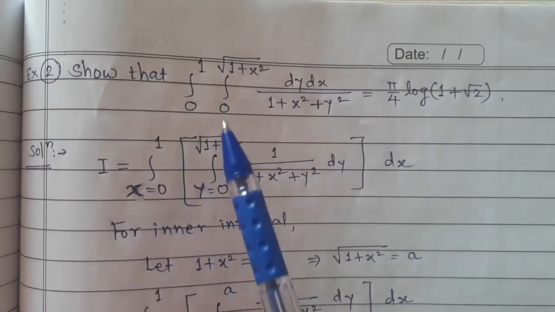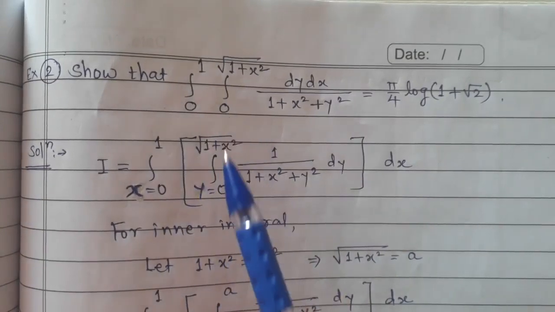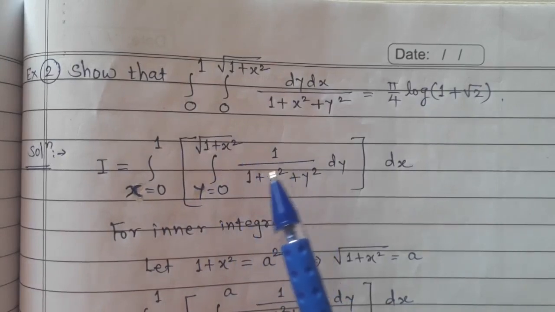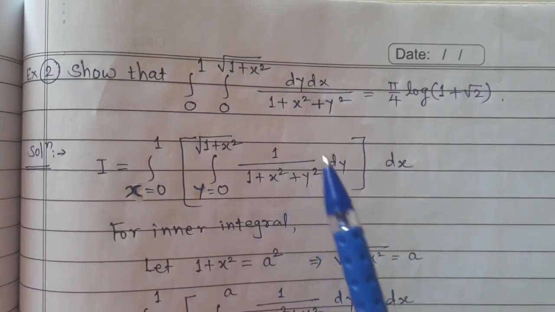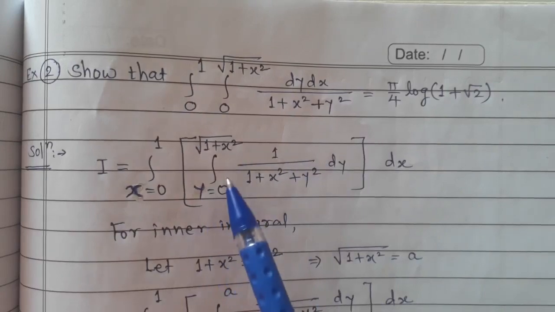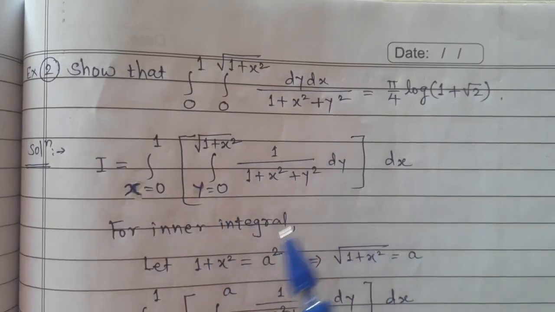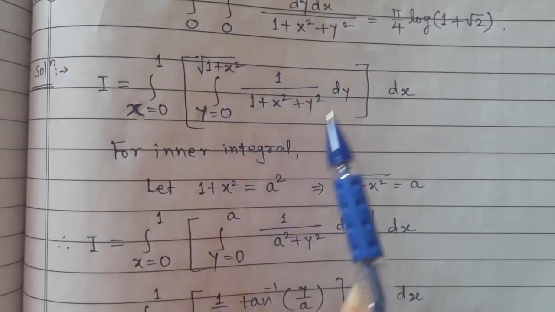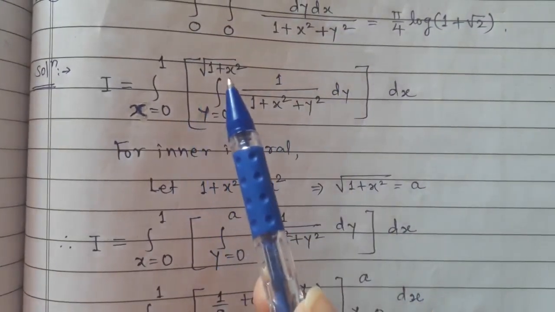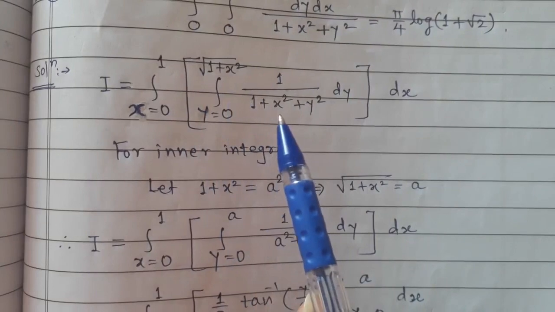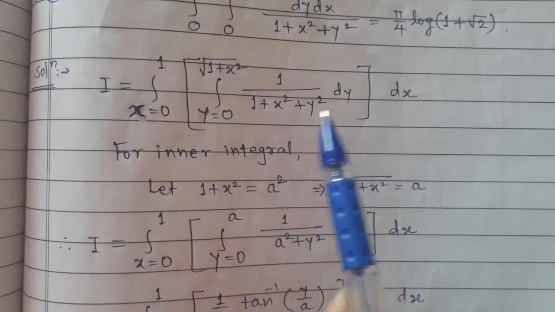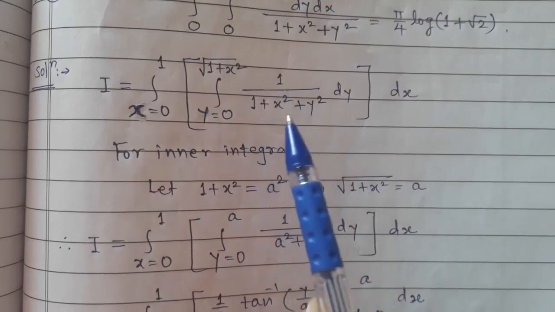Then inside these are limits of y, so y from 0 to root of 1 plus x square, the integrand is 1 upon 1 plus x square plus y square. Limits of y are inside, therefore dy is inside. So we'll first of all try to solve the inner integration. Observe that here is 1 plus x square root, here is 1 plus x square, and in this case integration is with respect to y, therefore x will be constant.